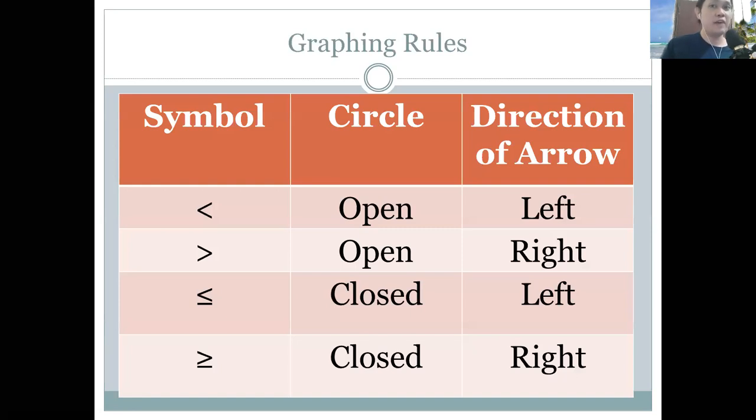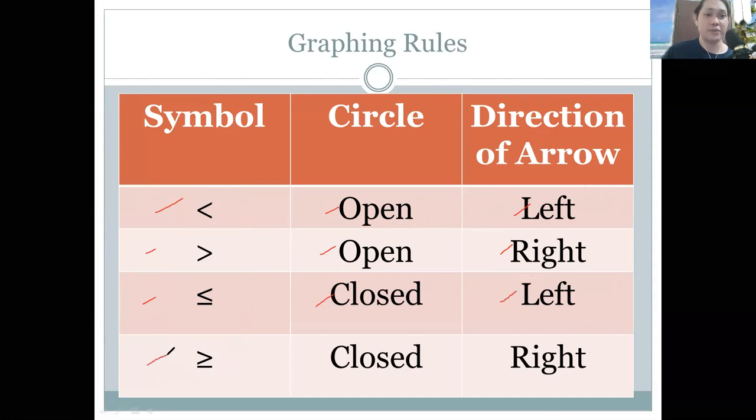Next, graphing rules. It's very important for us to know the graphing rules in inequalities. As you can see, for less than, the circle is open and the direction of the arrow is going to the left. For greater than, the circle is open and the arrow is going to the right. For less than or equal to, the circle is closed and the arrow is going to the left.